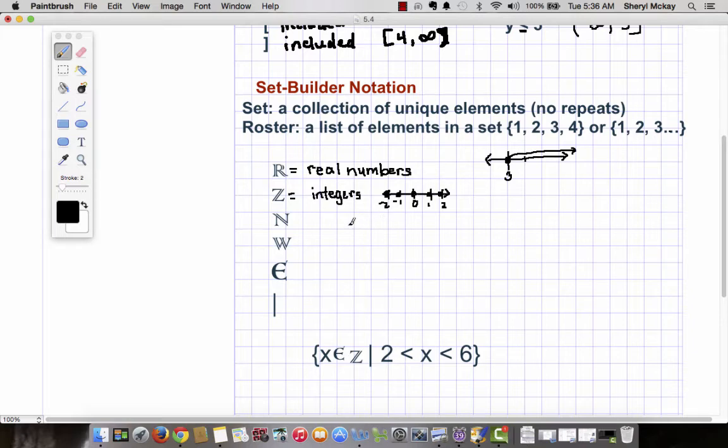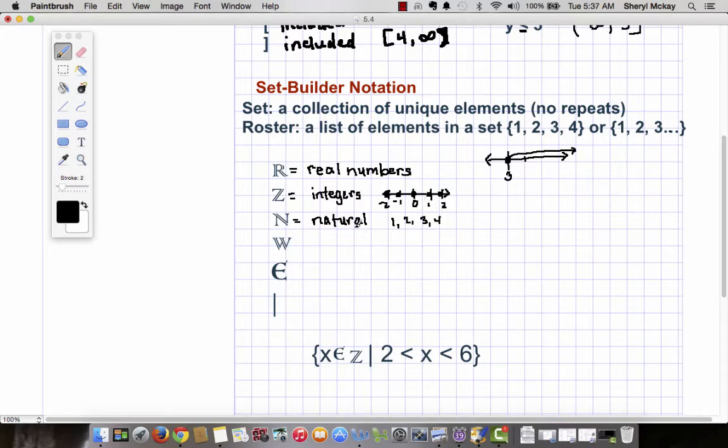That's integers. N stands for natural numbers. Natural numbers are what we've often called our counting numbers. So that's going to be 1, 2, 3, 4, not including 0. So it's the positive half of the integers without 0.